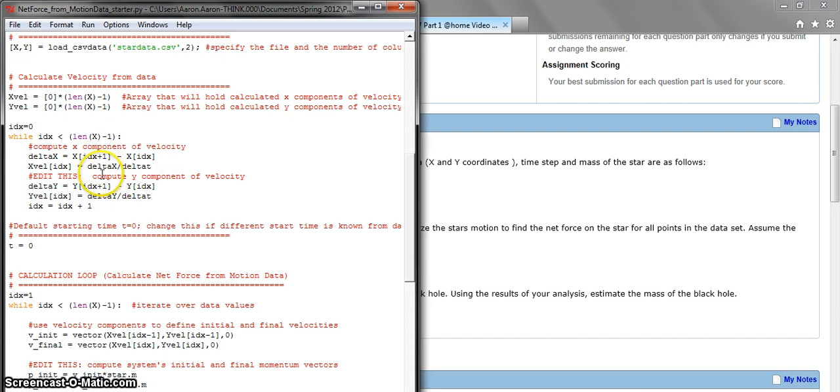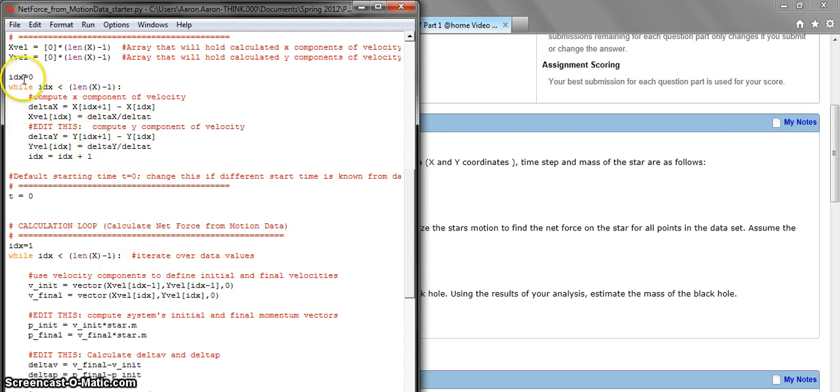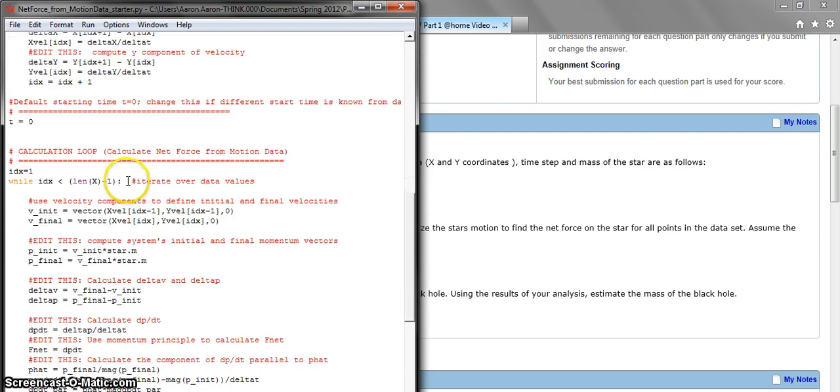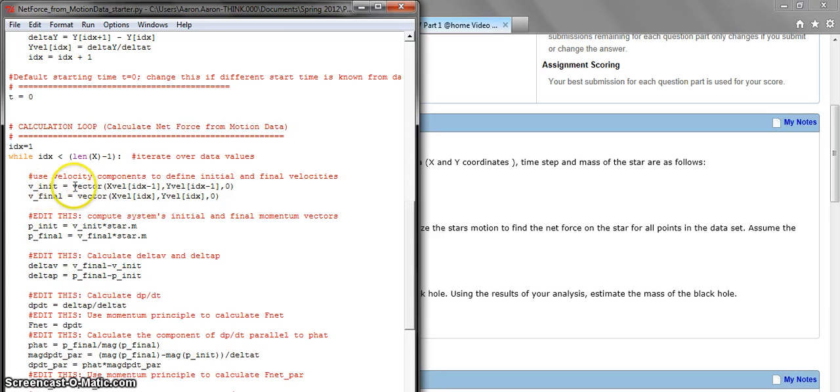A similar process was done for the change of y. Then, using these velocities that we calculated up here, we could find the initial velocity and the final velocity. Then, since we found the initial velocity and the final velocity, we could also find the initial momentum and the final momentum by multiplying it by the mass of the star.